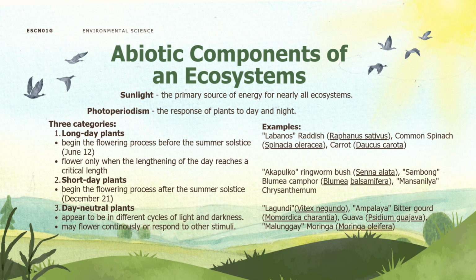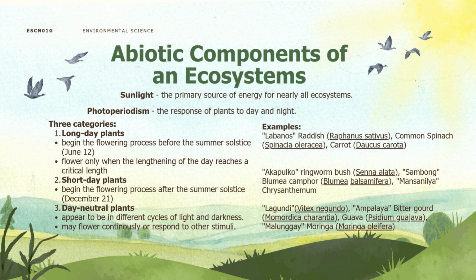breastfeeding. Okay, so again, these are the different examples of plants categorized as under long day plants, short day plants, and day neutral plants, and their medicinal values and how they are affected by sunlight. Again, obviously, long day plants are those that thrive during the period when the day is longer, and on the other hand, short day plants are those that thrive when the day time is shorter.